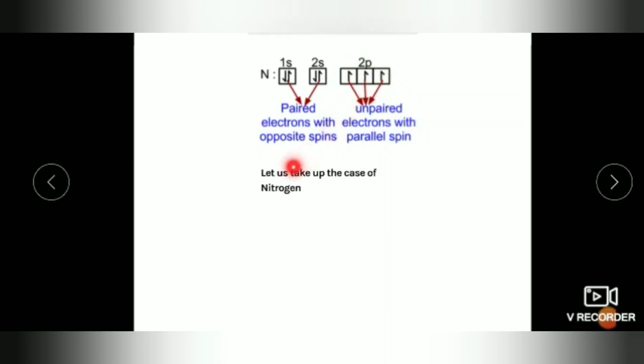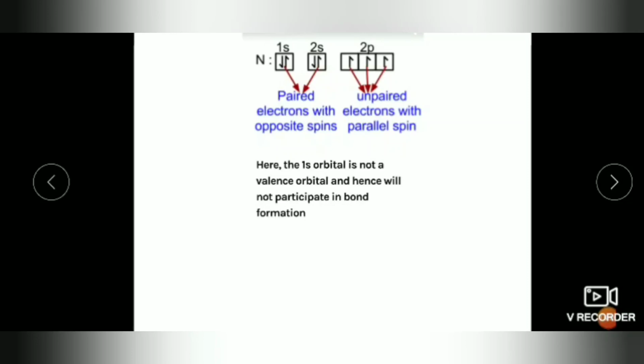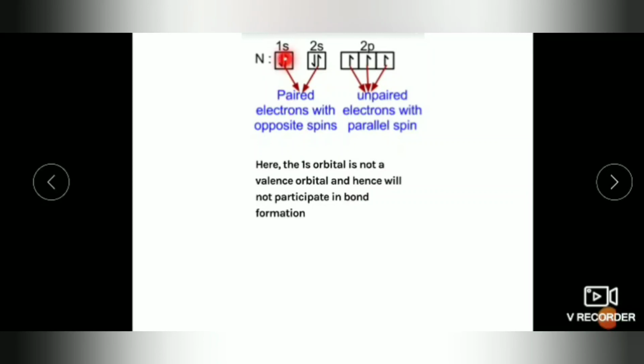The 1s orbital does not have a valence electron or any unpaired electron, so it does not participate in bond formation, because it is completely filled with 2 electrons. We call them paired electrons with opposite spin.